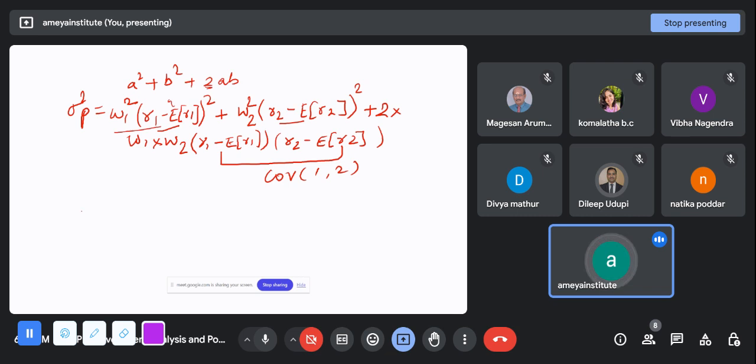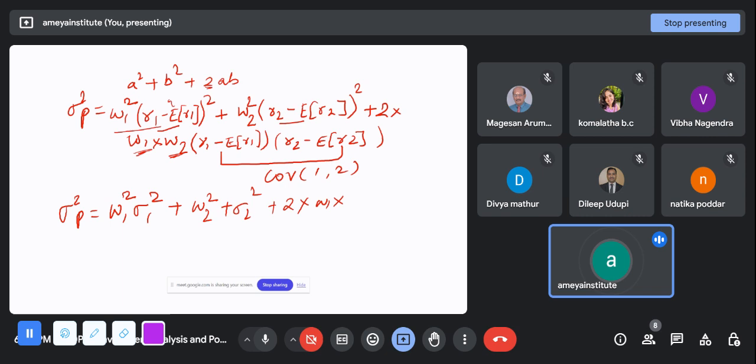So we can further write the same formula: sigma square p, weight of one asset square into the variance, that is the deviation square, which I can write as standard deviation of 1 square, plus weight of 2 square into standard deviation of 2 square, plus 2 into weight of 1 into weight of 2 into the covariance between 1 and 2.